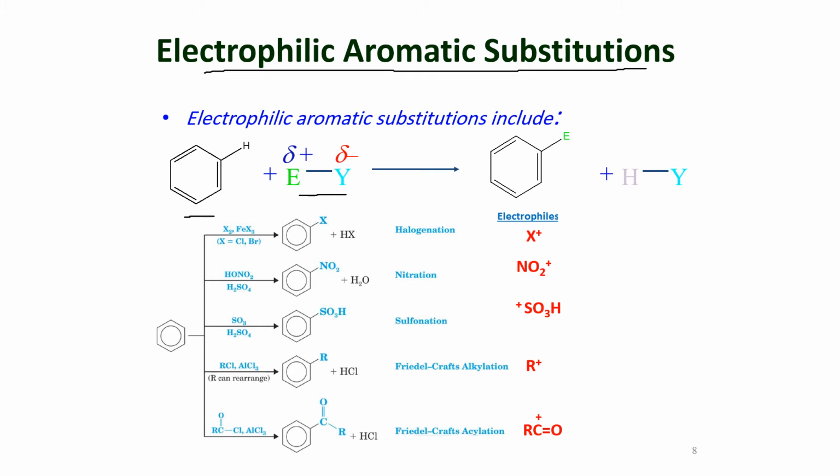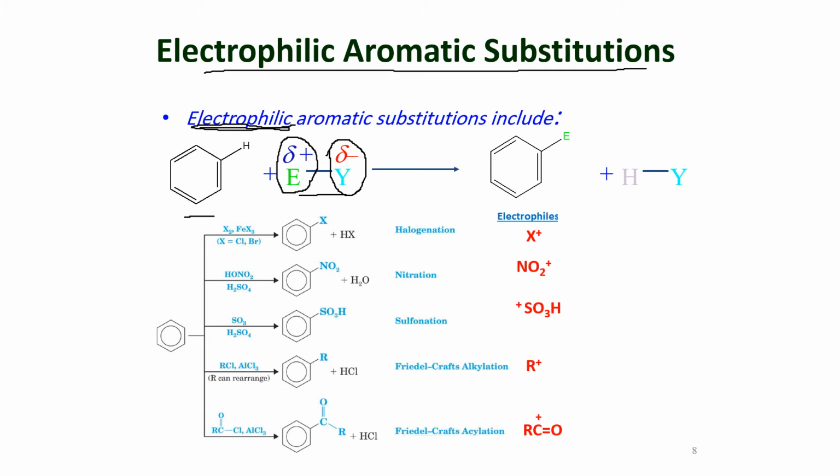The thing to notice is that this molecule has an electropositive part and an electronegative part. Electrophile means the part of the molecule that likes electrons. Phile is for liking and electro is for electrons, so electrophilic means electron-liking.